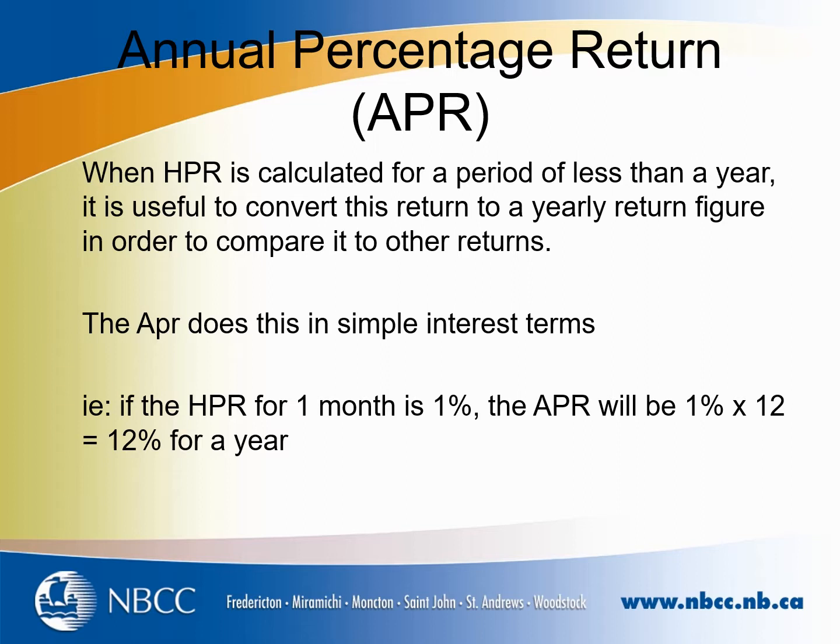We're converting this less than a year figure to a yearly figure. So the annual percentage return uses simple interest to do this. If the holding period return for a 1-month investment is 1%, we simply would multiply that by 12 to get the yearly. So 1 times 12 would give us a 12% annual percentage return.